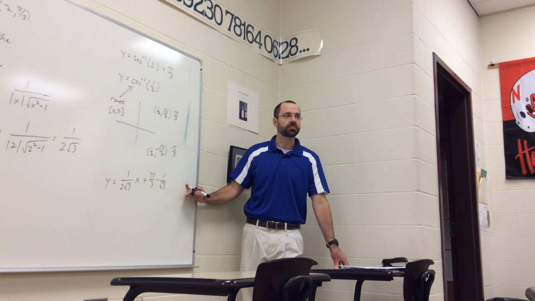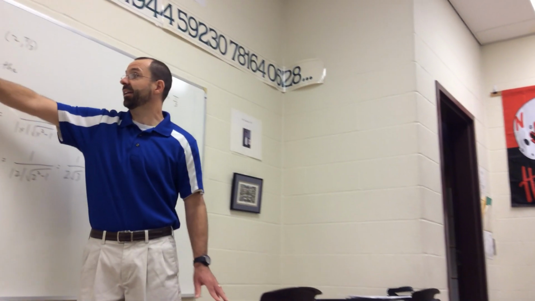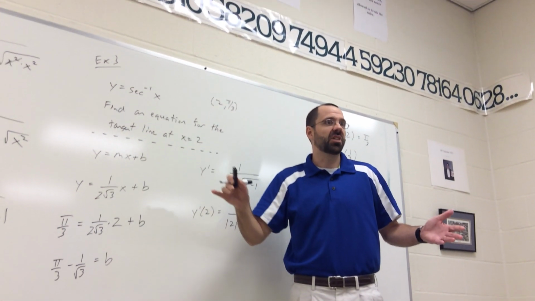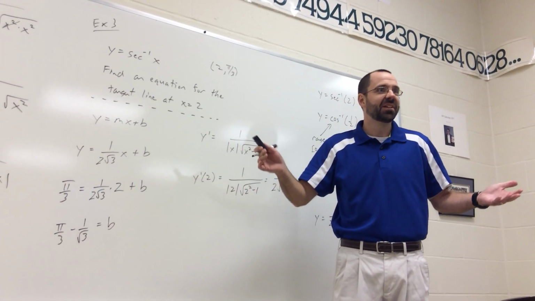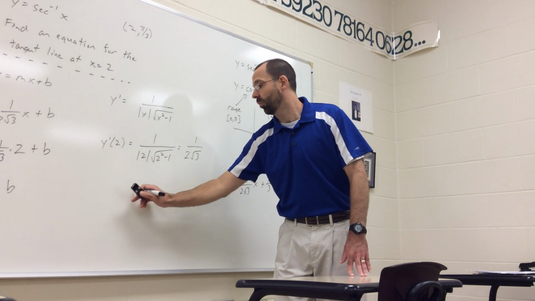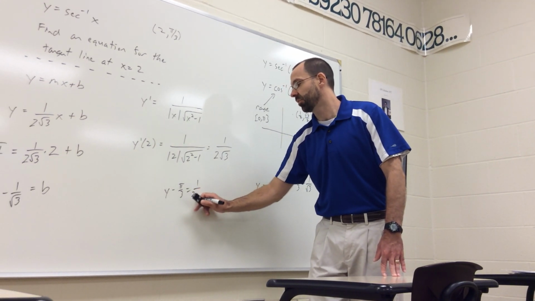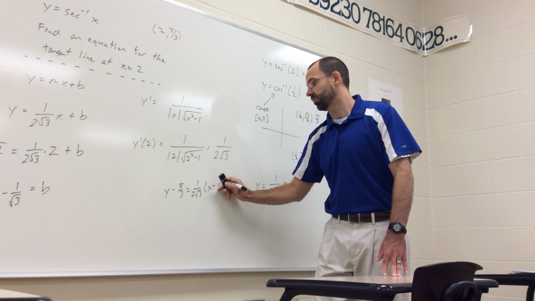Did you write the equation for the tangent line? Yeah, absolutely. That's why it says find an equation, because I don't care what form it's in. So a totally acceptable answer here would be y minus pi over 3 equals 1 over 2 root 3 times x minus 2.